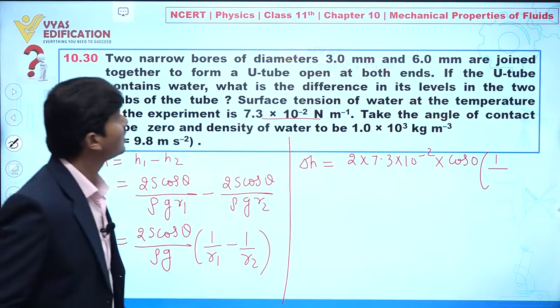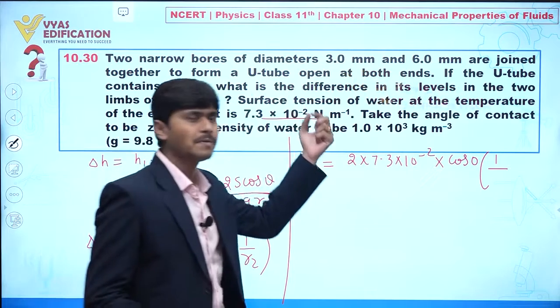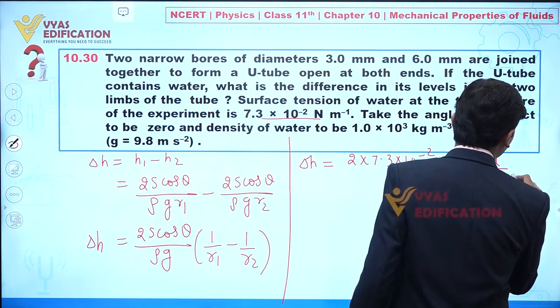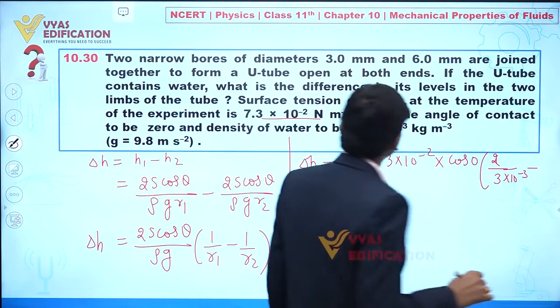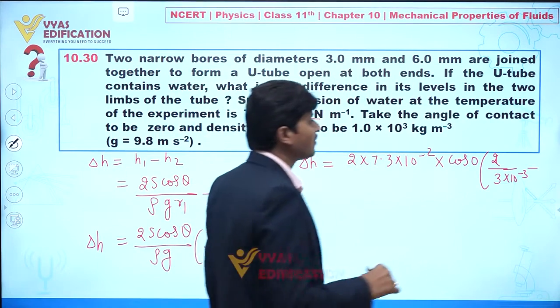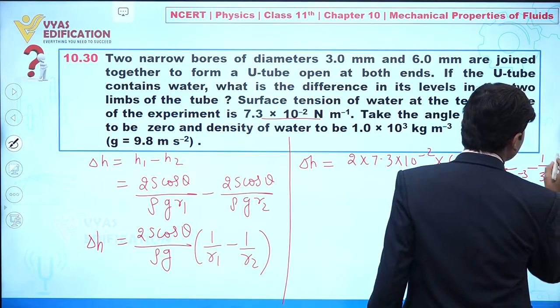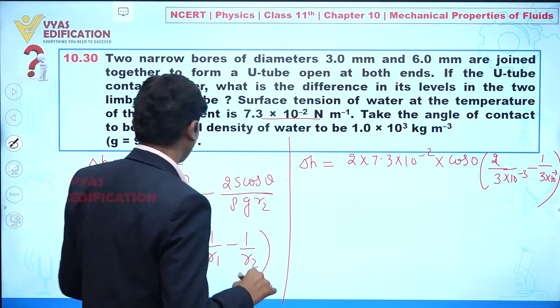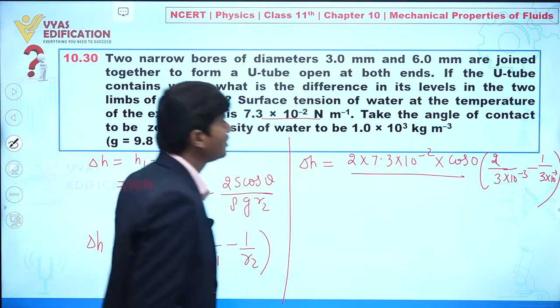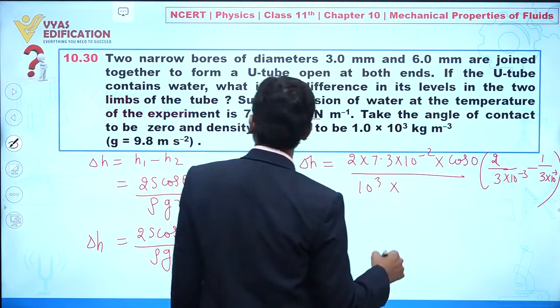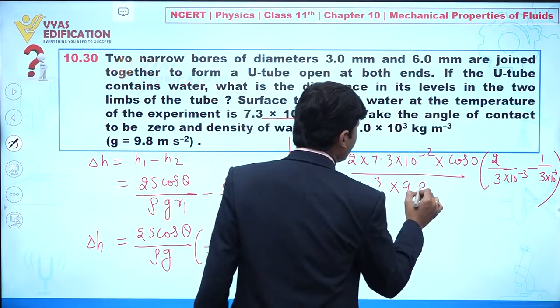Here we have diameter 3 mm, so r1 is 3 by 2 into 10 to the power minus 3, minus 1 upon r2, given here as 6 mm diameter, so 1 upon 3 into 10 to the power minus 3. Now this is divided by rho g. Density is given to you, 10 to the power 3, multiplied by g. I am taking g value 9.8.